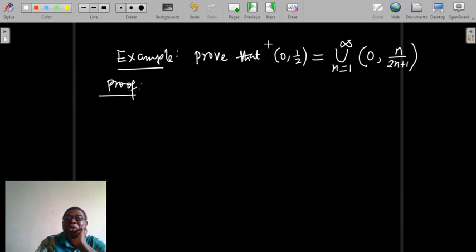Then return to the other one, take an element from it, and show that it belongs to the first one. Once you do that, it means that this will be a subset of this. So what we should now do is to prove that these two sets are equal. I will start with the one I feel will be easily understood. Let's go this way.